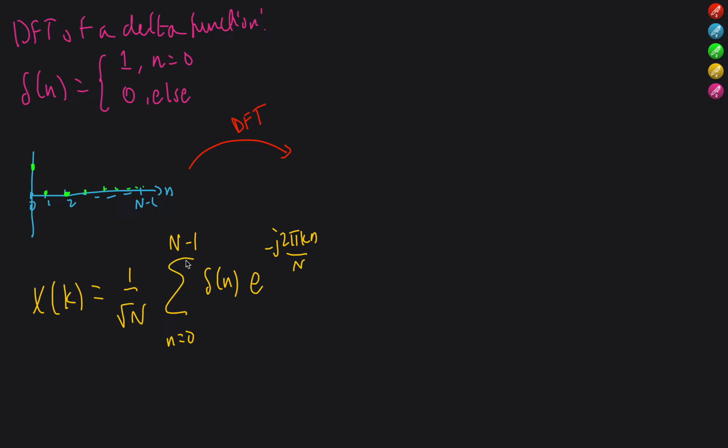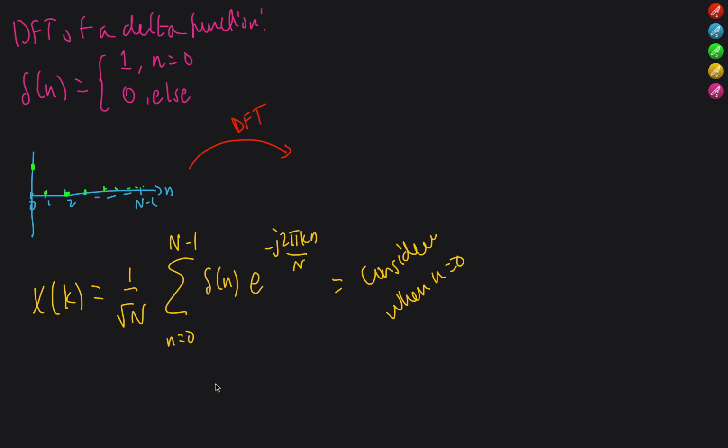Now this looks like a really messy sum. Do I have to evaluate the whole sum? You realize that we're summing from n equals 0, so we plug in 0, great. After that, once we start plugging in 1 and beyond, this term will always be 0, because delta is defined that way. So I only really have to consider when little n equals 0.